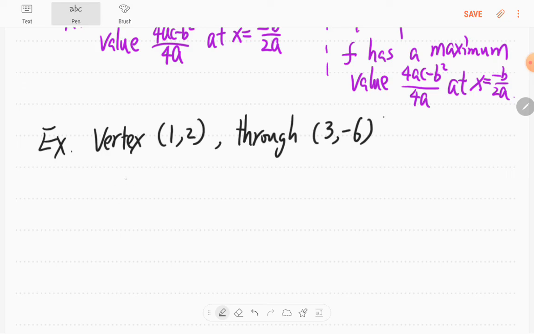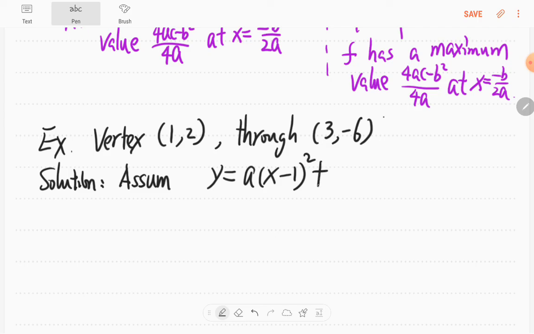We want to find this function. We assume that y is equal to a times (x minus h) squared plus k, where h is 1 and k is 2, since this is the vertex. So we have everything except a.